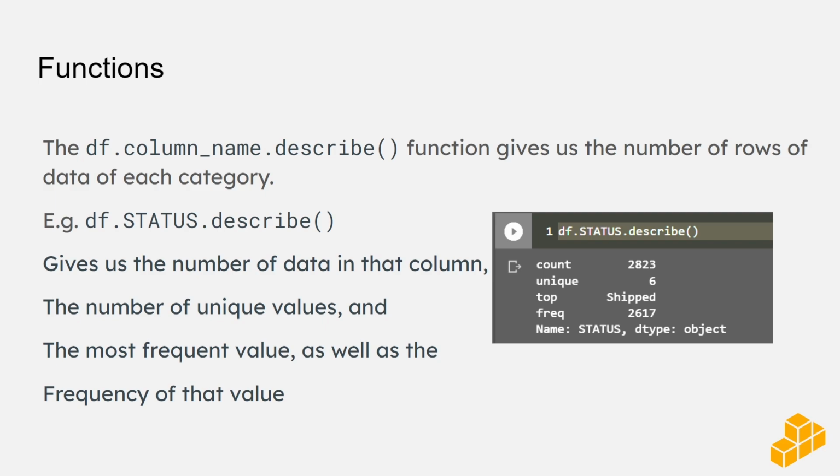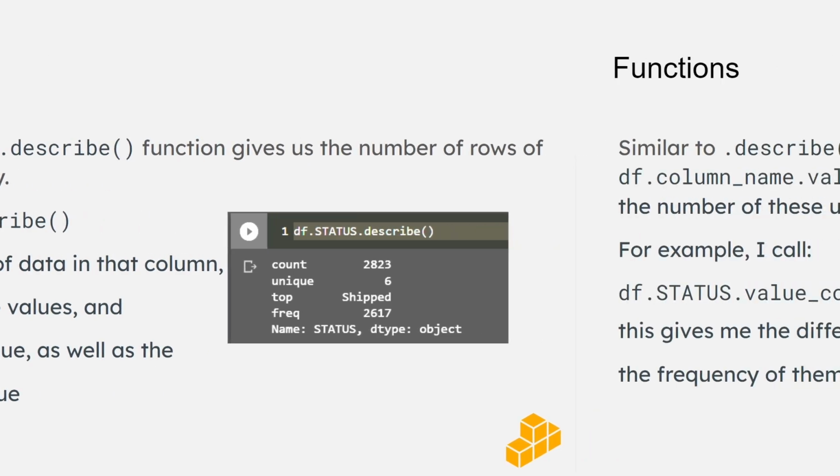You also have the top value, the most frequent value, which is Shipped, and the frequency of the top value is 2617. So you get useful insights such as these. It might not seem very useful at first, but when you work on certain projects, you can easily extract all this information from the data set. It also gives you what type of object it is, the data type.